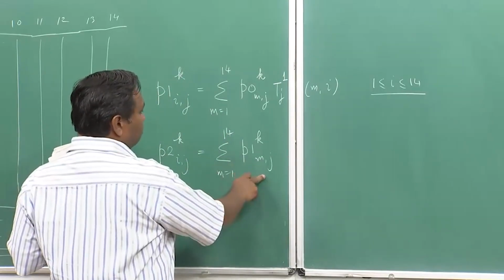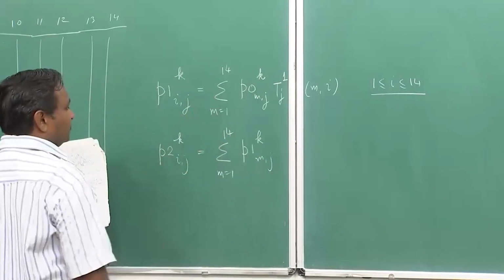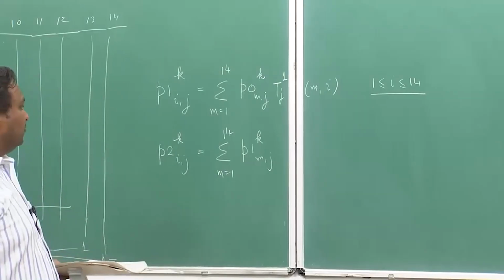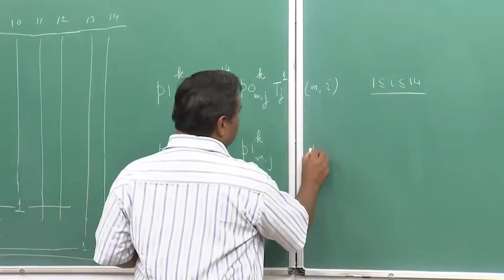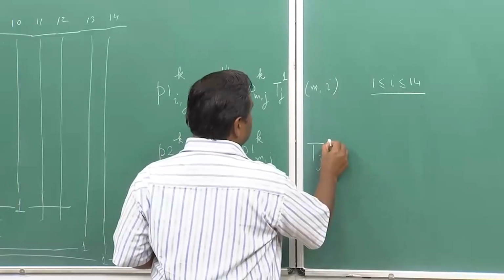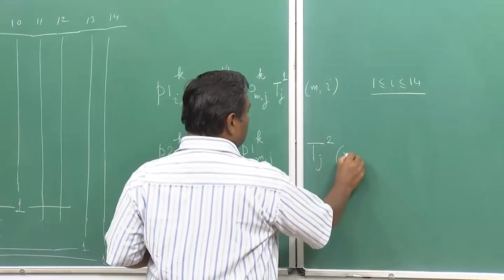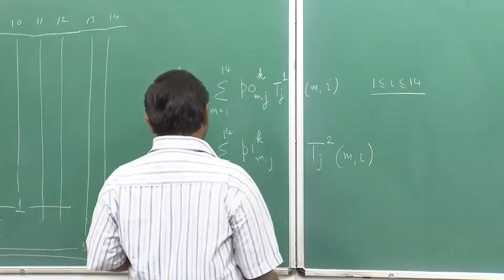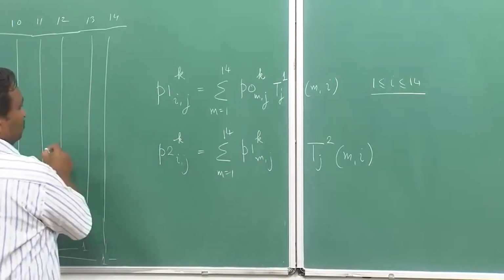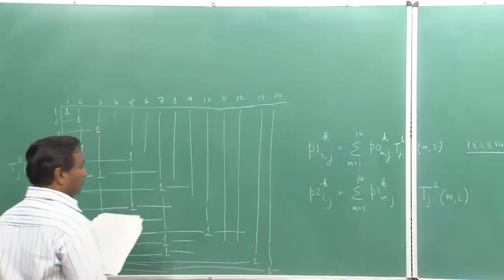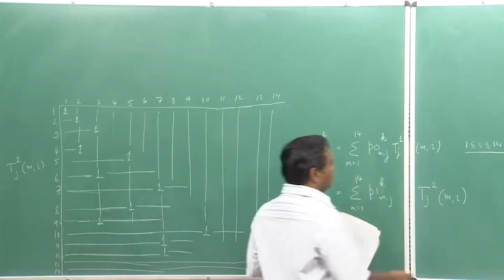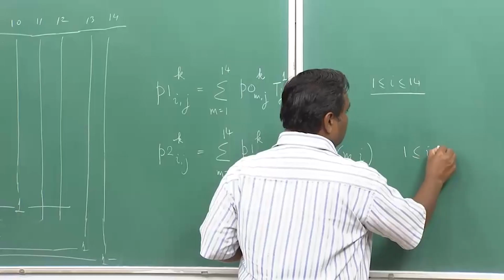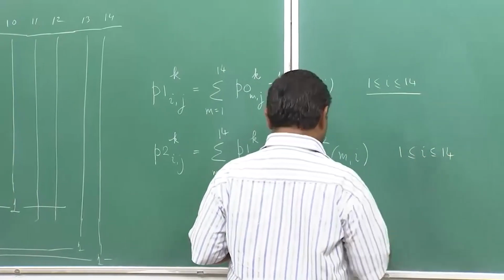So, once you know this, you know the transition probability, you know what is the chances of being in state I after step 2. So, you can actually write Tj to Mi, and this is what is going to be used for this one. Again in this case I will go from 1 to 14.